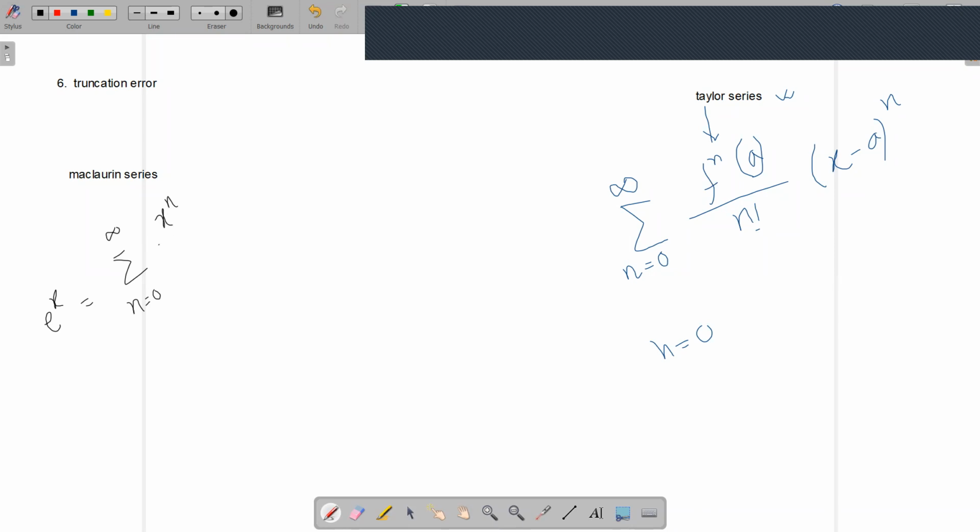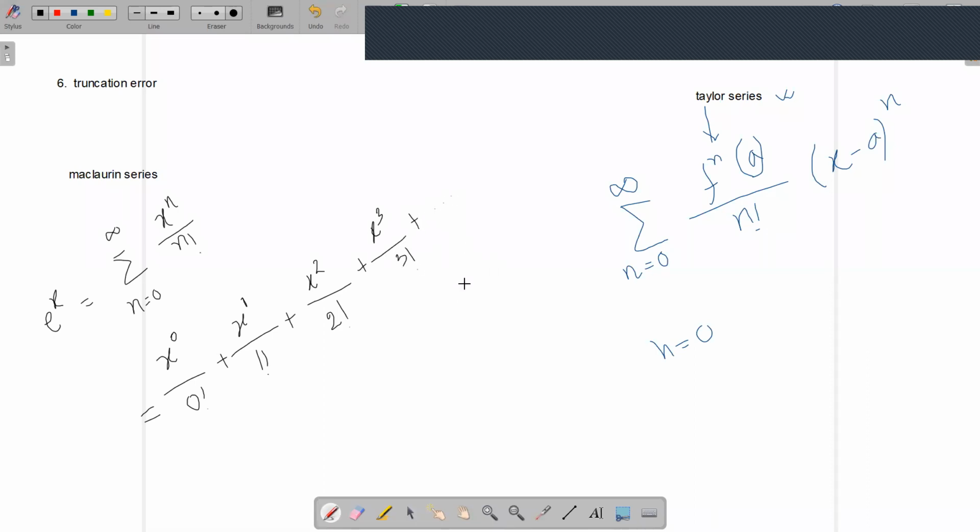So x to the power n divided by n factorial. If I expand that series, for n equals 0, x to the power 0 divided by 0 factorial, plus x to the power 1 divided by 1 factorial, plus x squared divided by 2 factorial, plus x cubed divided by 3 factorial, and it continues on and on, right?